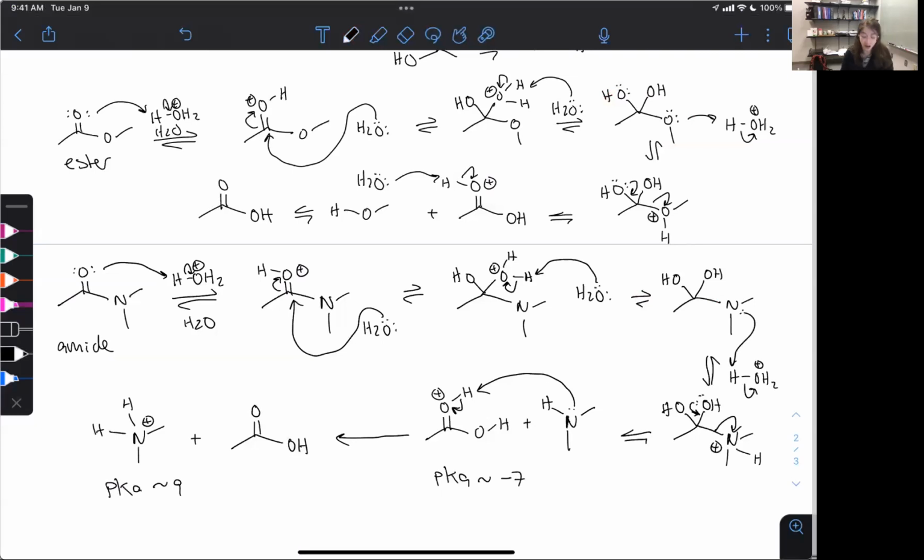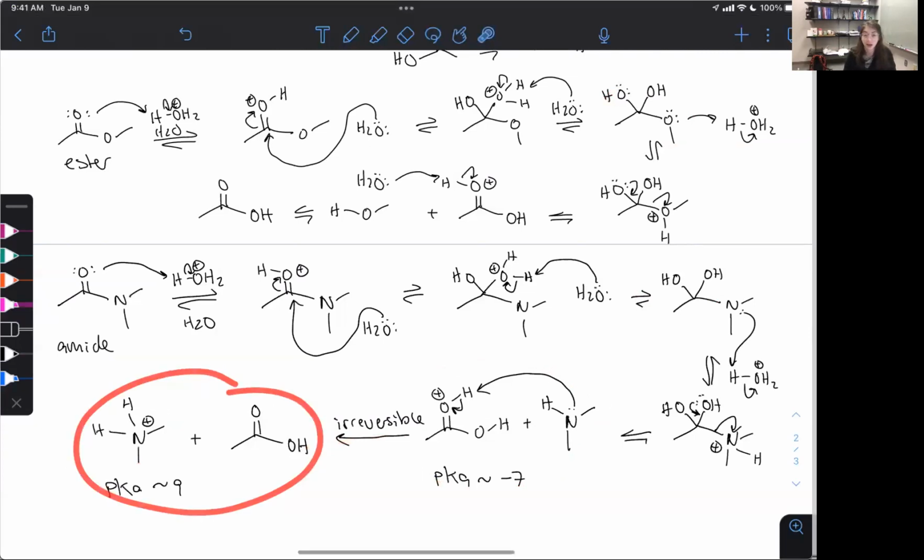Okay, so we have a very, very large preference for that side of the equilibrium where we've got the positive charge on the nitrogen. So pKa of 9 versus pKa -7, this is going to be irreversible. We're going to have an overwhelming majority in that product side.